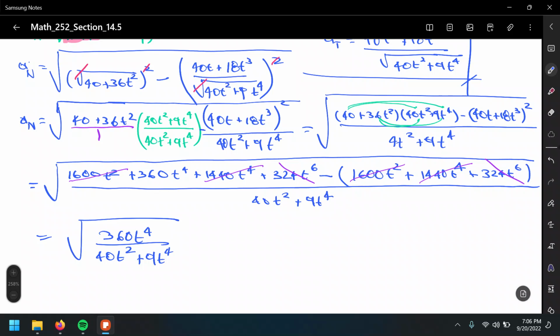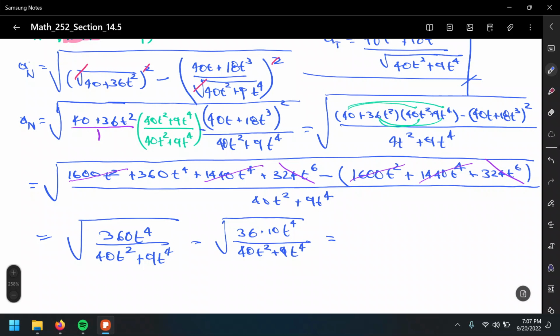So that's an okay answer. However, we could simplify the numerator. Notice the numerator has a 36 as a perfect square factor times 10 and t to the fourth. And the whole thing divided by 40t squared plus 9t to the fourth.